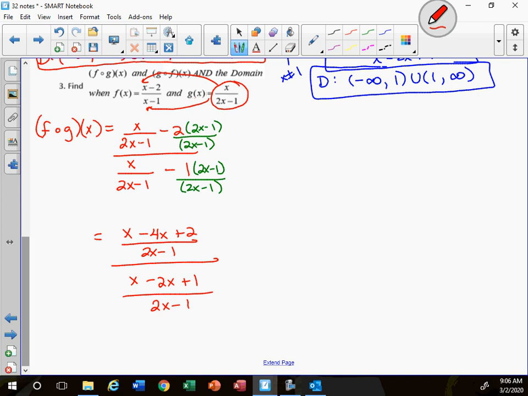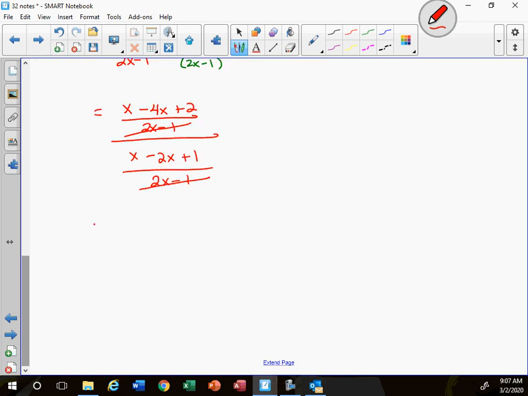So I definitely need to combine like terms. And then when it's a fraction divided by a fraction, what does that mean to do? Multiply by the reciprocal. Do you guys see what's going to cancel out when I do that? Do you see how the 2x minus 1 and the 2x minus 1 are going to go away? I'm fine with you not rewriting all of this flipped, just so you can cross that out. So if you see it from here, definitely just go, all right, these are going to be gone.